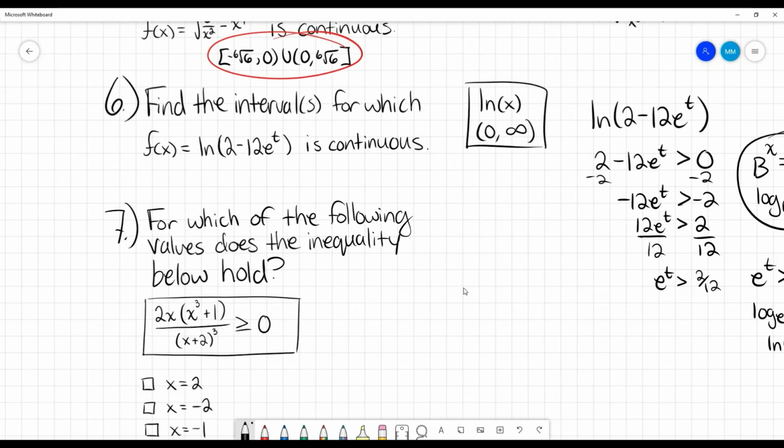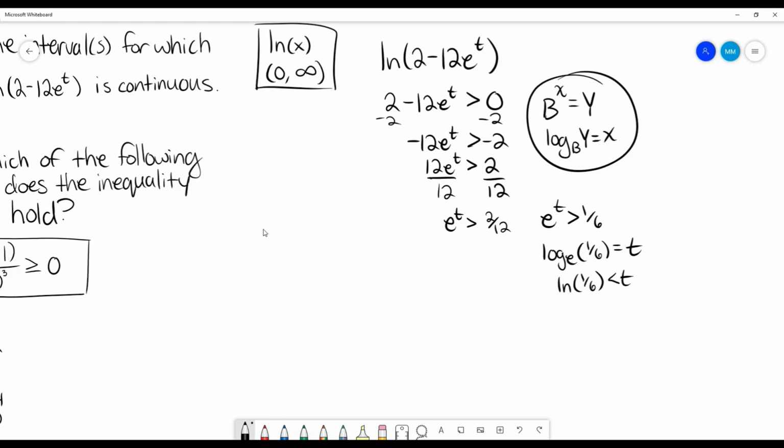What was the question? Our intervals. Oh, yeah. So this is our interval. That's always going to be less than our t. So our domain in that case is going to be, let's see, if this is always less than t, then t is negative infinity up to, but not including this.